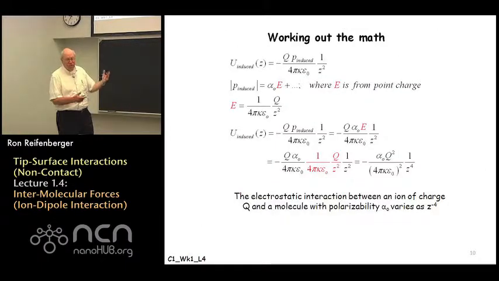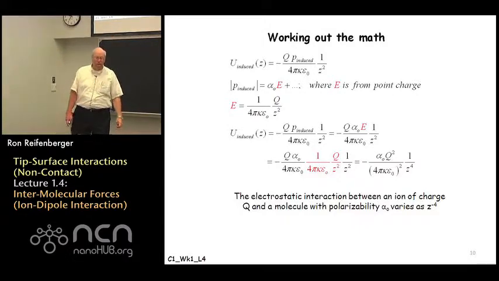In this set of equations, I work out the details, and I end up with an expression which, not surprisingly, includes the polarizability of the nonpolar molecule. That's a number that you're going to have to look up. It also demonstrates that this interaction potential energy varies as 1 over z to the 4th. So again, this is a rather short range interaction.